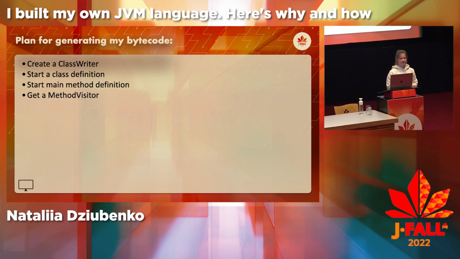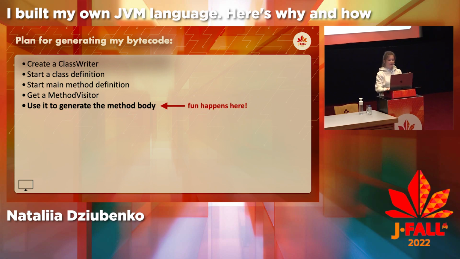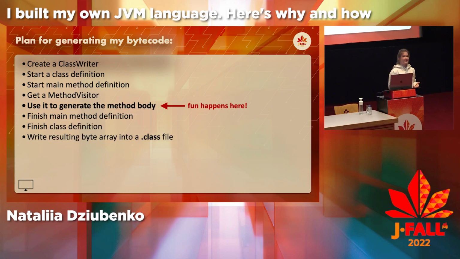Then you can have a reference to the method visitor when you start the method definition, and here you can do anything you want. You can generate the full method body, all your program. This is where all the fun happens. Afterwards, you finish the main method definition, finish the class definition, and then you can write the resulting byte array into a class file, which you can run with a Java command from a terminal. So that was my plan.